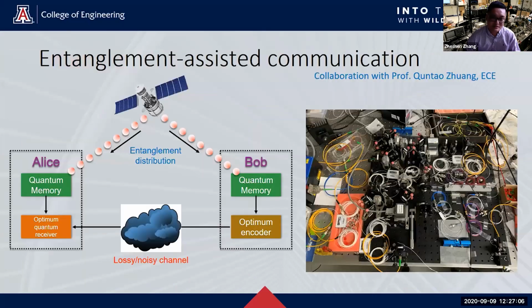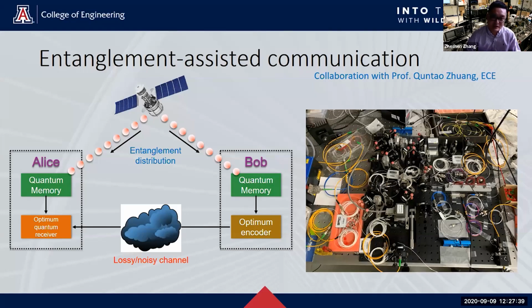There are also other examples of entanglement-assisted communication. This is also a collaboration with Professor Untitled Chapter in ECE. In this work, what we demonstrated is that if two users, Alice and Bob, pre-share an entangled state, they can take advantage of it to establish a reliable communication link even over a very lossy and noisy channel, and they can do much better than without using the entangled resources.